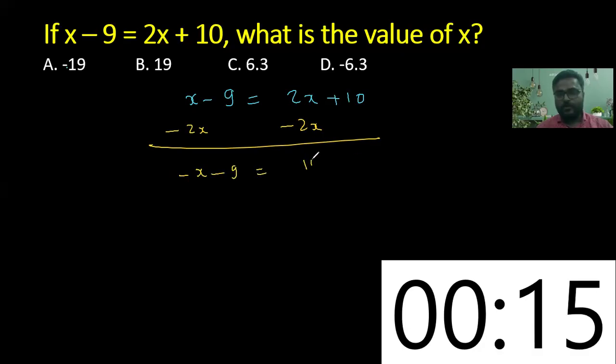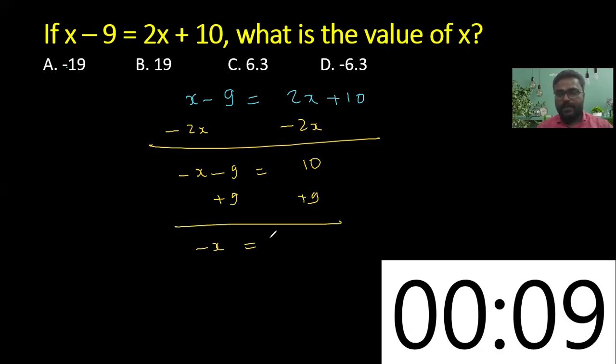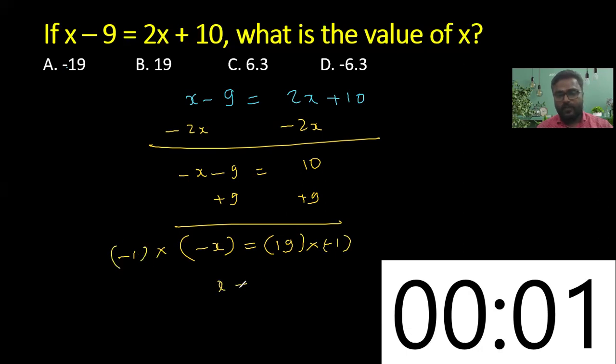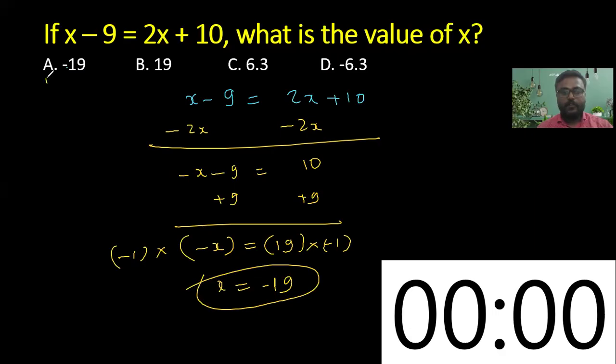Minus 9 is equal to 10. Add 9 to both the sides. What do we get? Negative x equals 19. Multiply both the sides by negative 1 now. X will be equal to negative 19. So option A is correct.